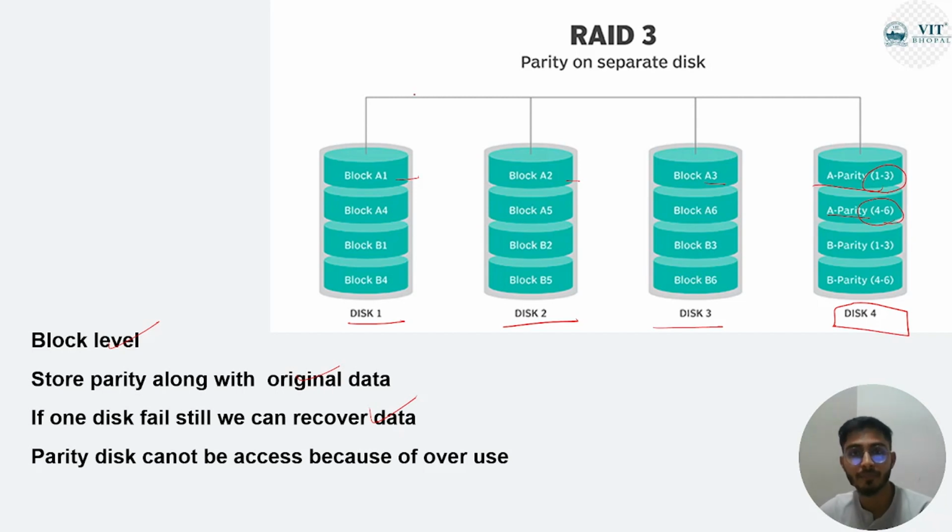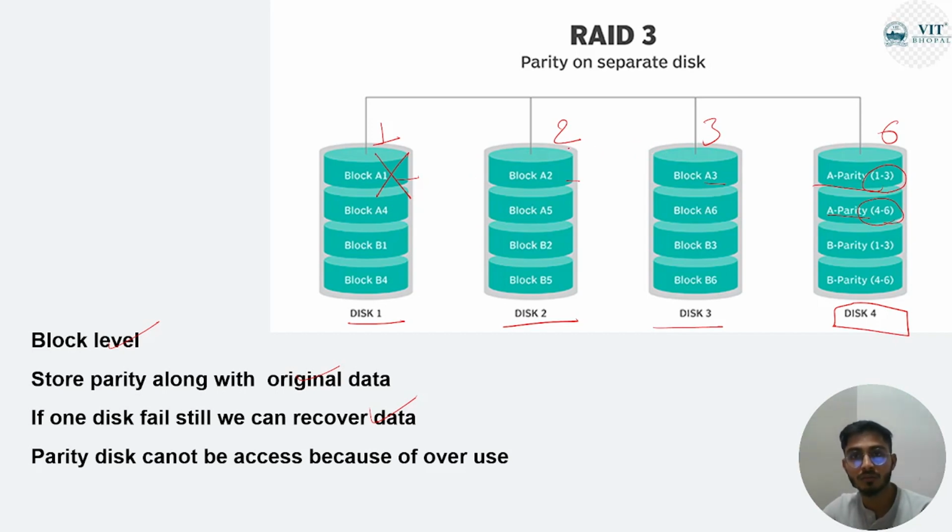How can you restore it? See, for example, it is 1, 2, 3. Okay. And in parity, it will store the sum of all data. So 6 is there. And let's assume this data is lost or is not able to be accessed. But with the help of parity, you can calculate or find this.